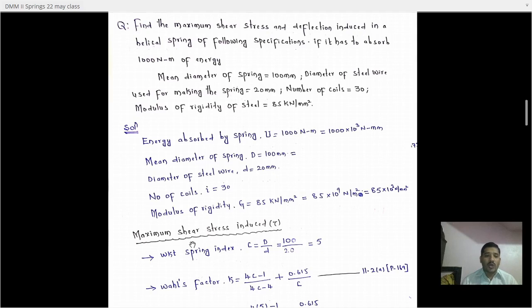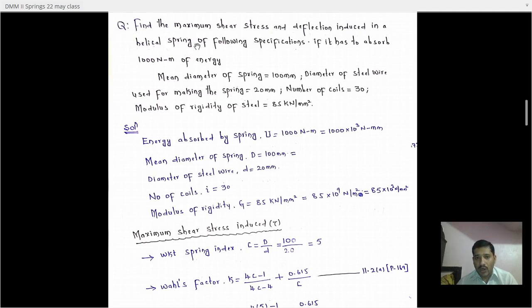Okay, so I will write here the given data. Let us see in this case what we need to find out. We need to find out the maximum shear stress, as well as the deflection induced in a helical spring.